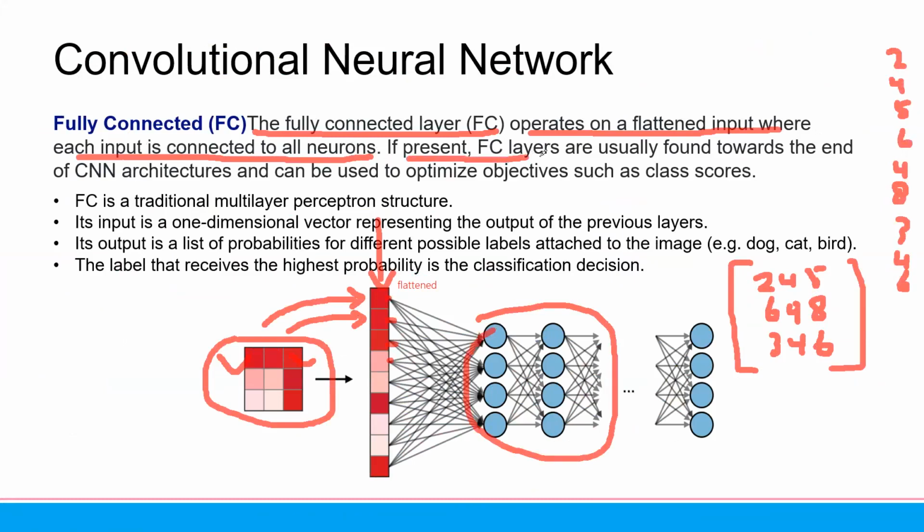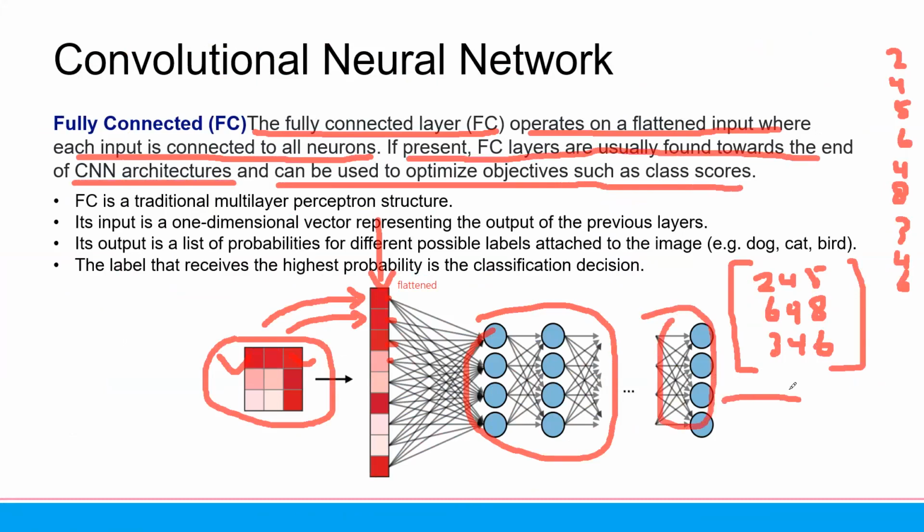The FC, or fully connected layer, is usually found towards the end of the CNN architecture and can be used to optimize objectives such as the class scores. So if we have these neurons, then it will go to the output. Usually the fully connected layer is used to measure the class scores.